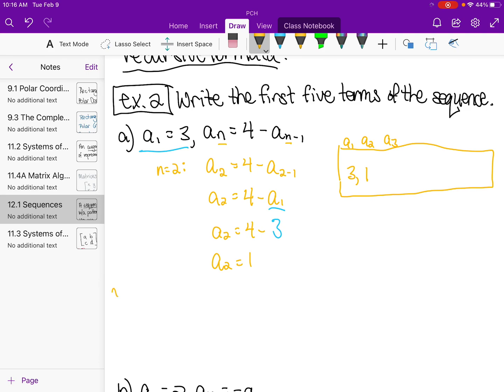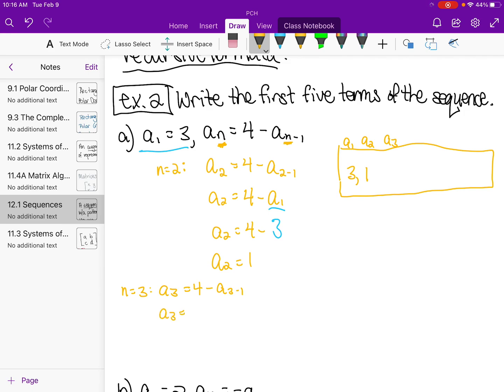So let me move over a little so I have more space. For n equals 3, I'm going to say a3 is 4 minus a2. I'll show this step one more time. Again, I'm plugging the n equals 3 into both of these n's here.